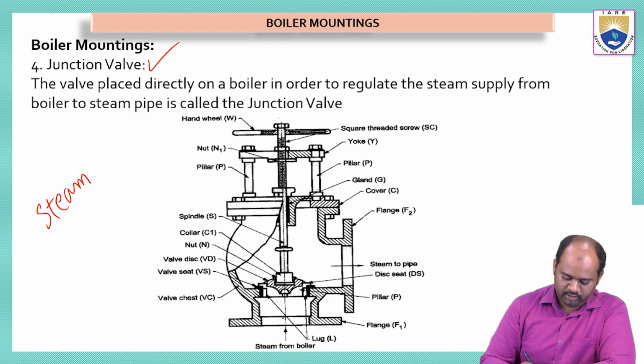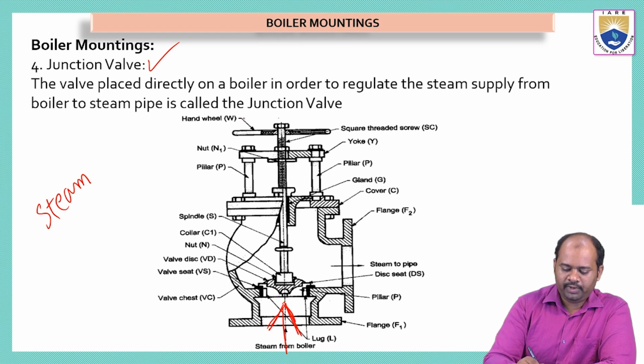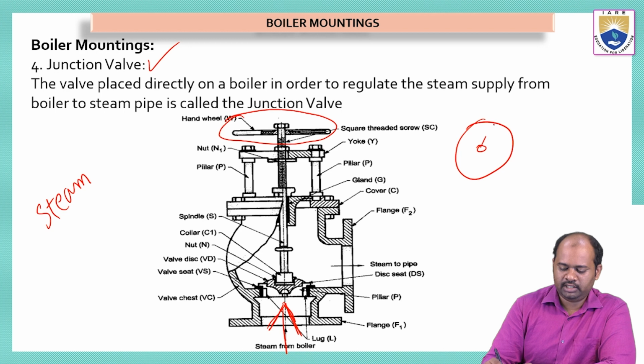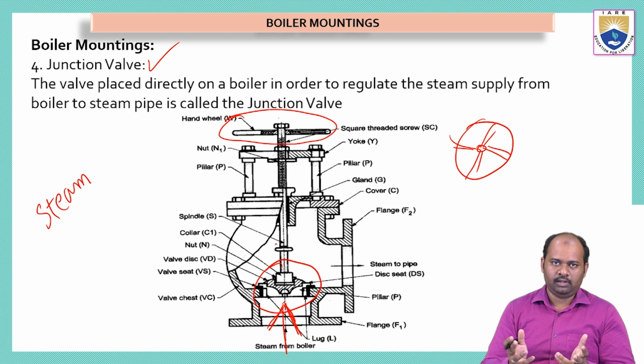Now see here, this is where the steam boiler is connected. From here the steam comes out of the boiler. And when we operate this lever, this circular wheel attached here, it will move the lever up by rotating clockwise or anti-clockwise.